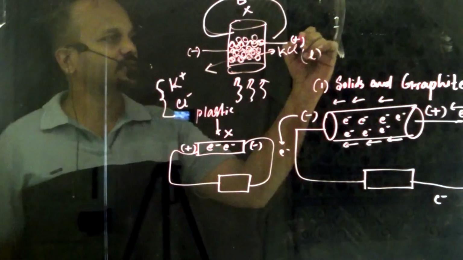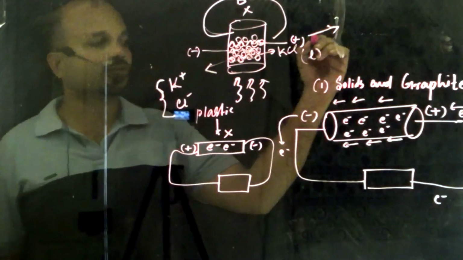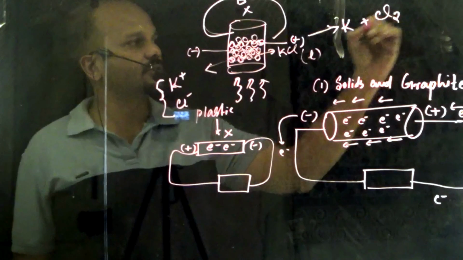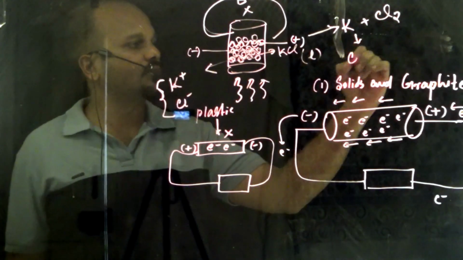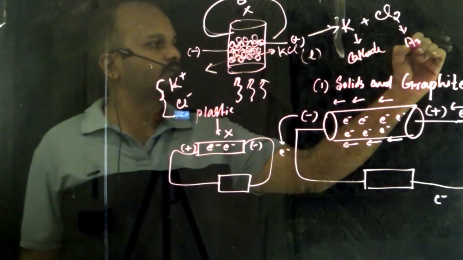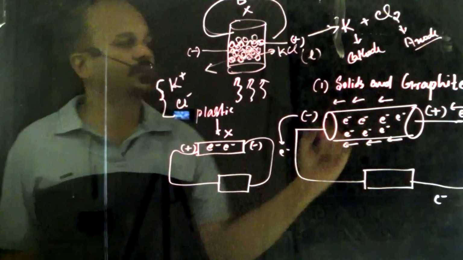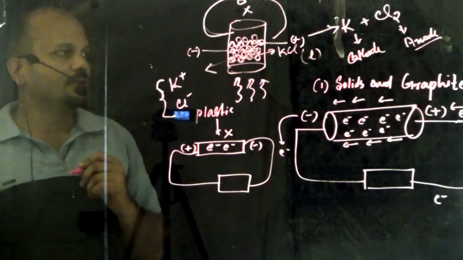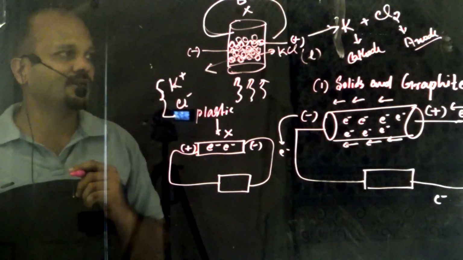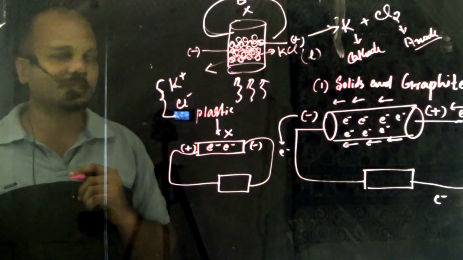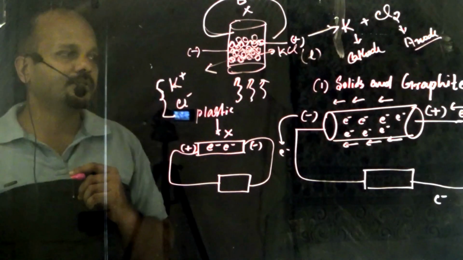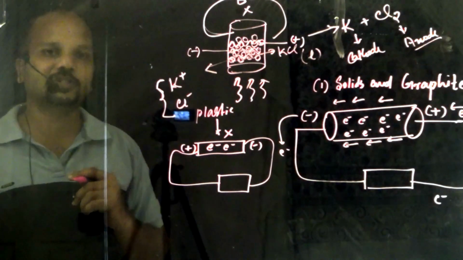This K plus is going to change into potassium, and the chloride into chlorine gas. The potassium will go to the cathode, and the chlorine gas will end up as a product at the anode. So at the cathode, potassium will be depositing, and at the anode, chlorine gas will be depositing.